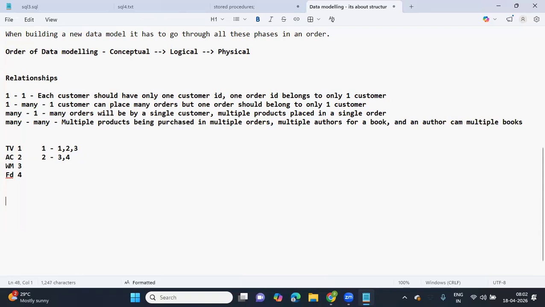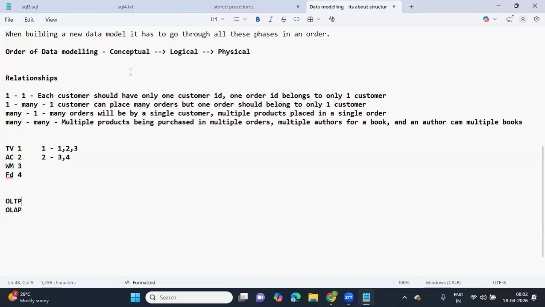And now we have another concept called OLTP and OLAP. This is basically how the data is generated, how the data is generated through transactions. How is your e-commerce data generating? We are doing some transactions. We are purchasing something.